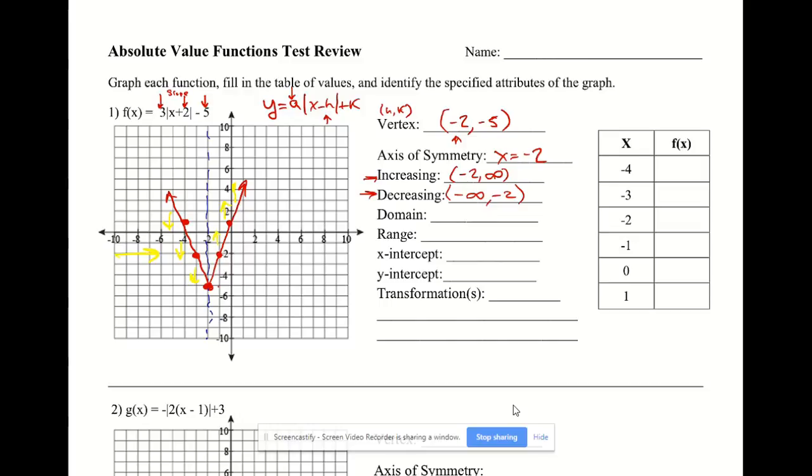Now our domain is the set of all possible x values. Since we have those arrows, our graph is never ending in terms of x. So our domain is negative infinity to infinity, which is the domain for all absolute value functions like this. Now our range, we're going to start at negative infinity and come up towards the top.